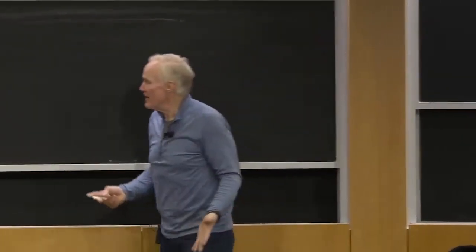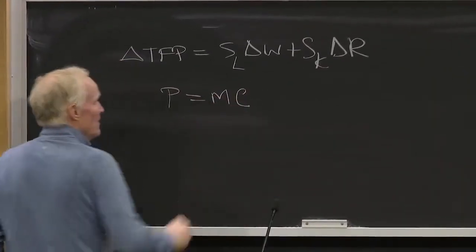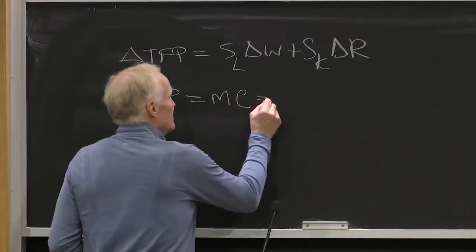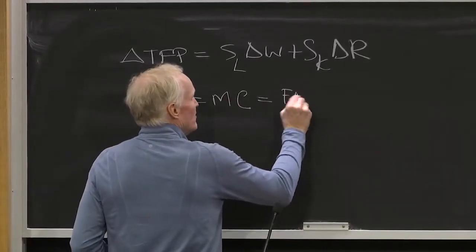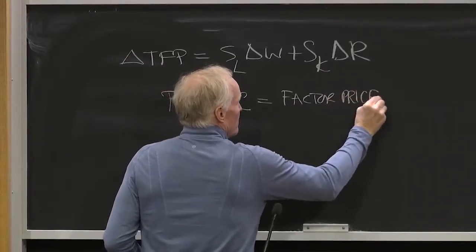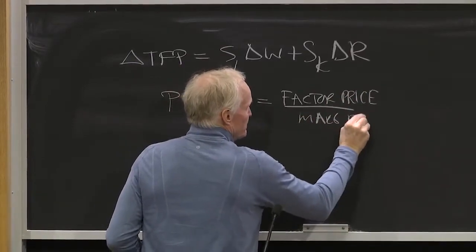Think of it this way. Start with an equation like price equals marginal cost, right? Well, marginal cost is equal to factor price divided by marginal productivity, right?